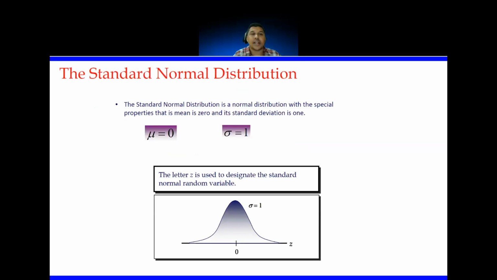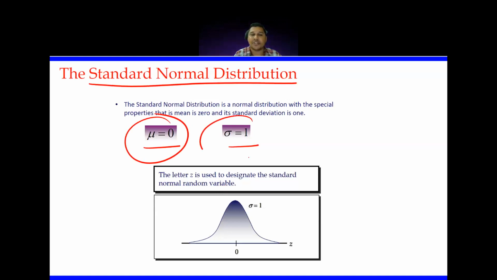Next, the standard normal distribution has a special property: mean is 0 and standard deviation is 1. So in normal distribution we have something called standard normal distribution. What is it? If its mean is 0 and its variance, standard deviation, is 1, then we call that distribution the standard normal distribution.